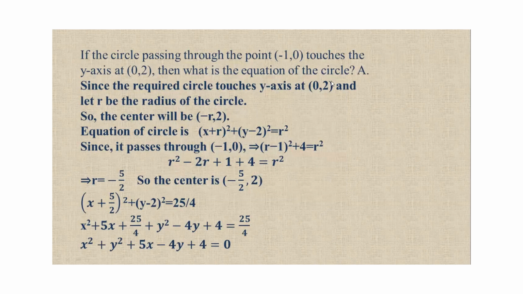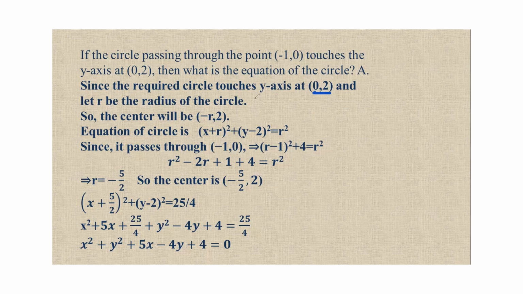Example: if a circle is passing through the point (-1, 0) and touches the y-axis at (0, 2), then what is the equation of the circle? Since the required circle touches the y-axis at (0, 2), when the y-axis is tangent to a circle, the value of h equals the radius of the circle.